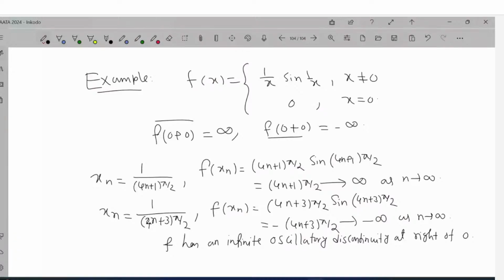Okay, next, consider this example, then we will go to the tutorial. f(x) equals 1 by x when x not equal to 0, and 0 when x equals 0. So is it a bounded or unbounded function? Unbounded function in each neighborhood of 0.